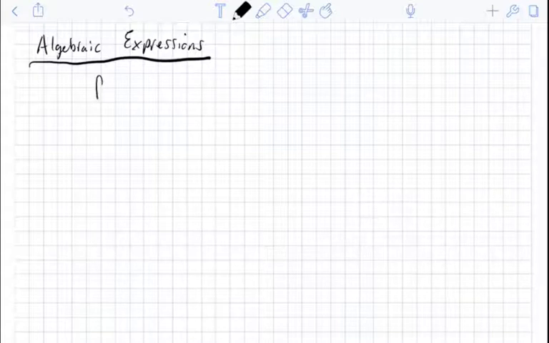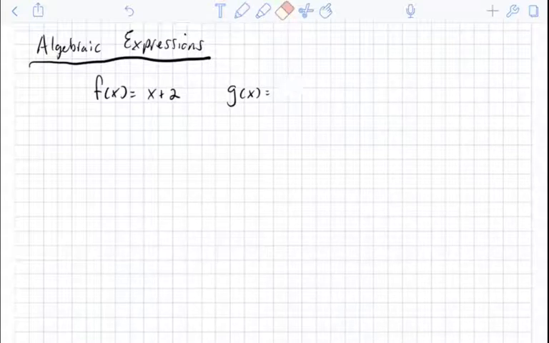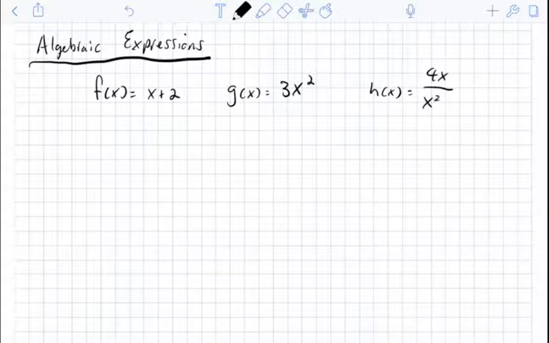So you might say x plus 2, or you might say 3x squared, or you might say 4x over x squared minus 1. Okay? These are all algebraic expressions, and they're all functions.